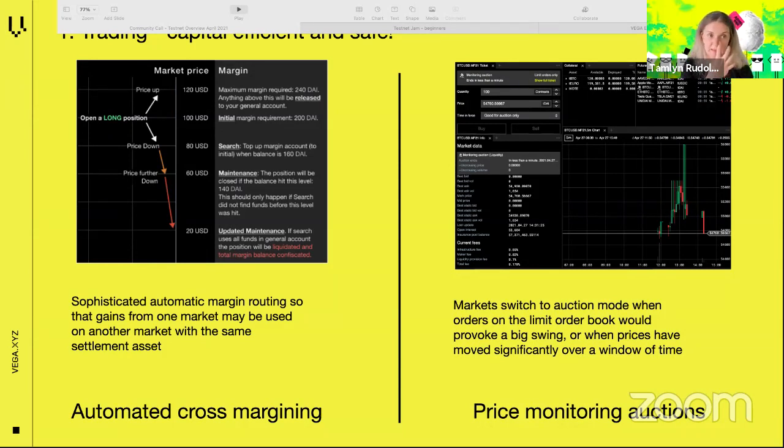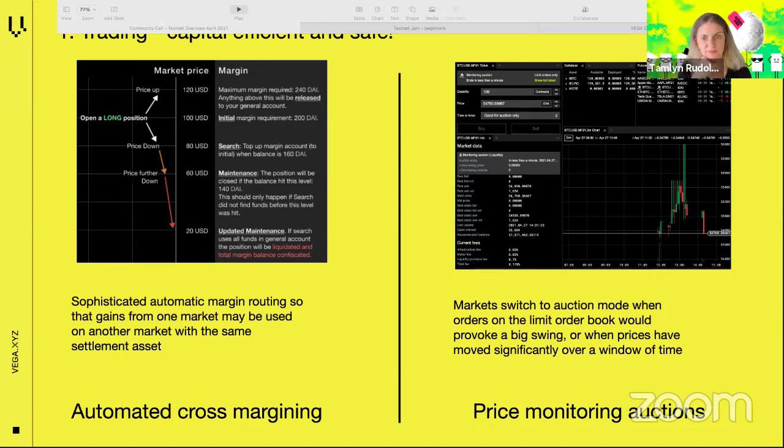What you'll see on the front end, in the positions view, once you open a position, is that you can hover over, or I think click on, the margin deployed for that position. It will show you something that looks like this little image here, where you can see what the current margin deployment requirement is, and whether it's going up to the release level or going down to the level where it's going to collect surplus from your general account to protect your position.